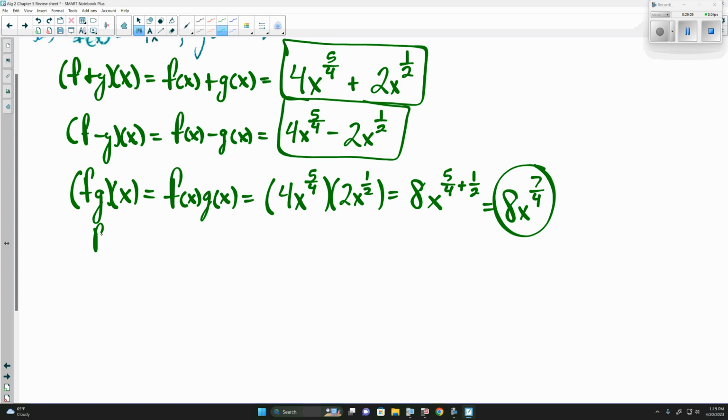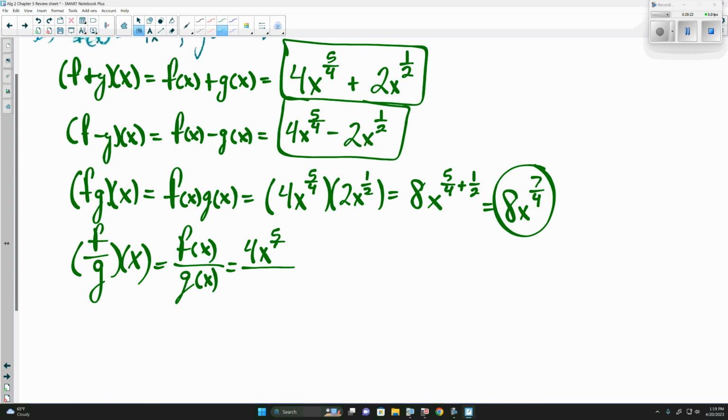And lastly, f divided by g of x is the same as f of x divided by g of x. Well, f of x is still 4x to the 5/4. G of x is still 2x to the 1/2.